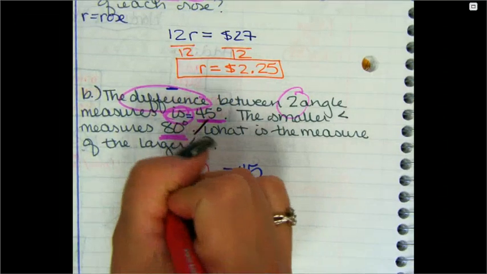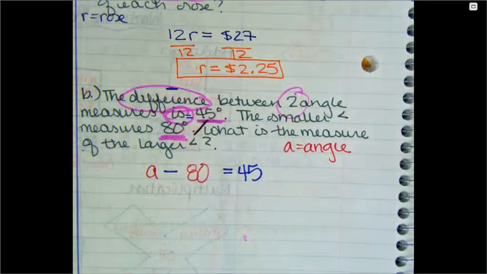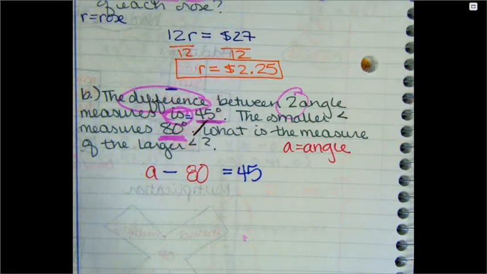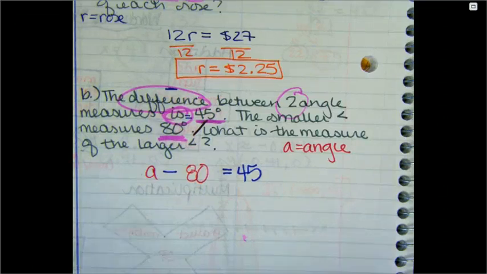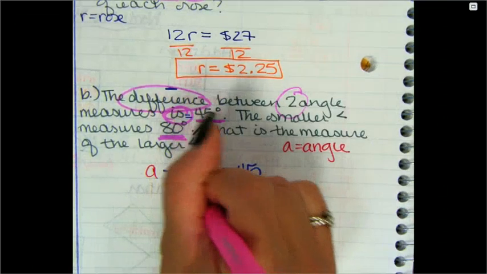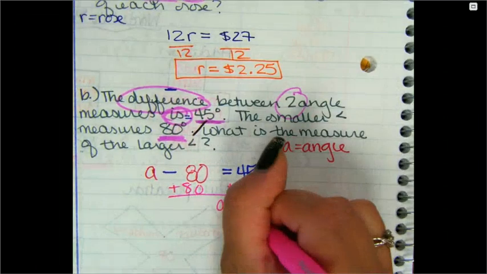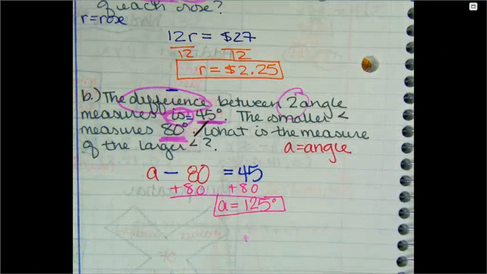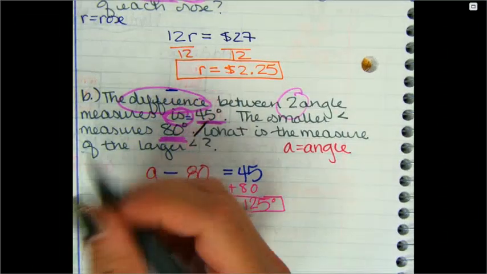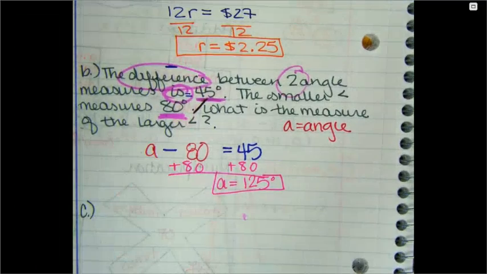A. What does A represent? Good. Did anyone have that set up right? Very good. Now what? You got 80. What do you get? 125 what? Degrees. We get to degree second semester. Good?